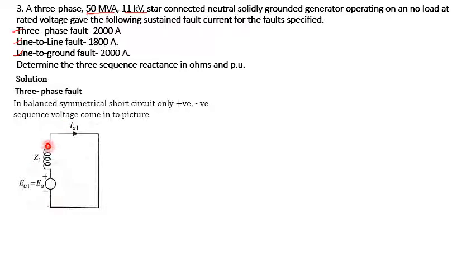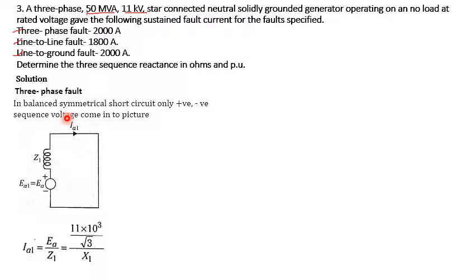This is the interconnection sequence network diagram. It consists of only the positive sequence network, with only positive sequence impedances for the three-phase fault. So from this we can write IA1 is equal to EA1 divided by Z1.